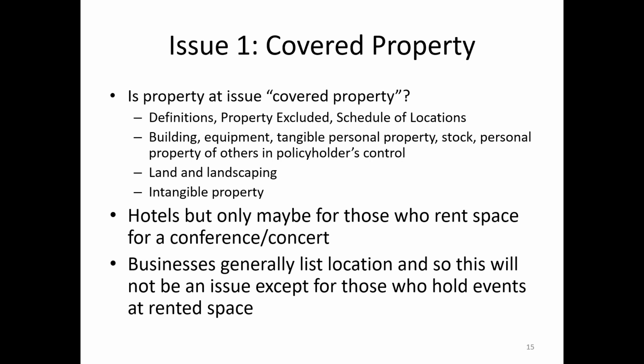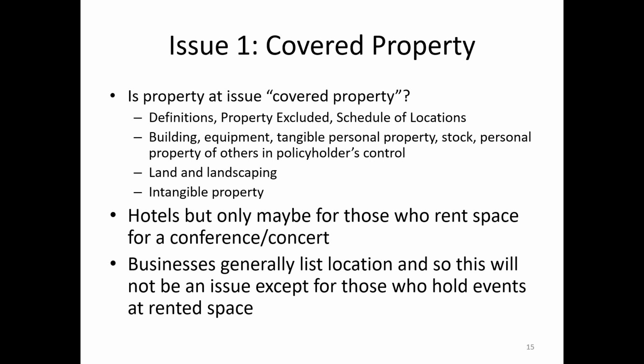It includes land and landscaping, but generally damage to land and landscaping is not covered. And then intangible property is excluded. So when we say stock, it's like farming stock or stock of goods. It's not intangible shares of stock in companies. So it's generally the building and equipment that is attached to the location that is covered property.